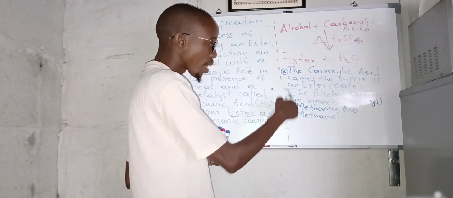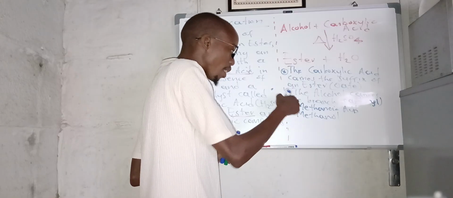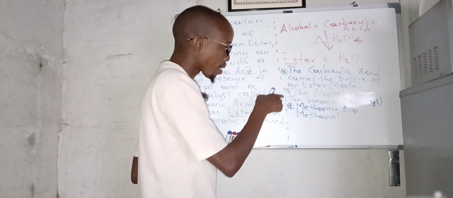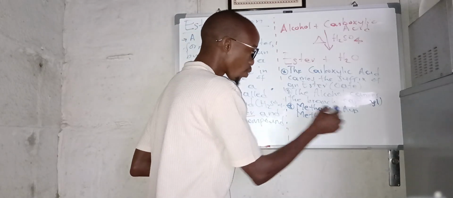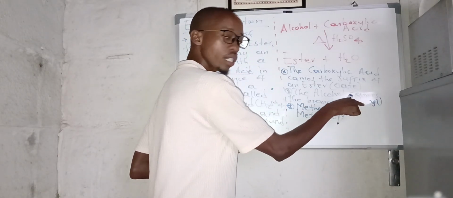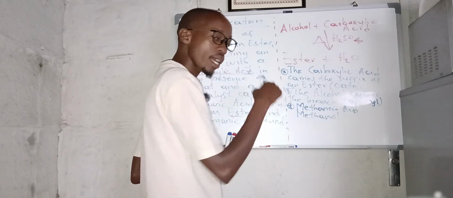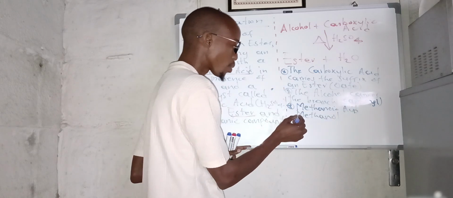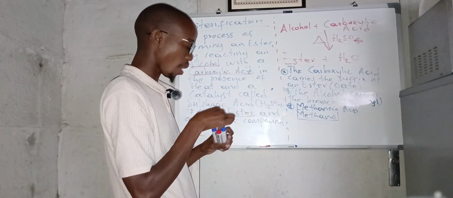So the name of this ester that is going to be formed here is methyl methanoate. As I said, the alcohol carries the branch part. So this is going to be methyl, and this is going to be methanoate. So we start with the branch part, methyl, and then end with the methanoate part.